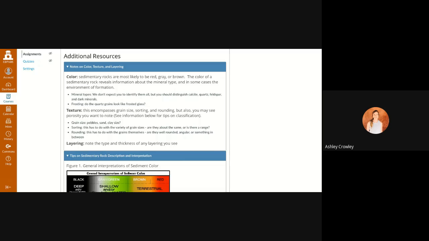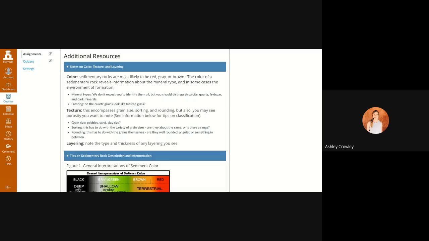So if you have, let's say, a metamorphic rock and it breaks in half, and then it breaks in half again, and it breaks in half again, that is how you form sediments. But if that rock kept traveling, let's say it's getting picked up by wind or taken down a stream or even picked up by a person or an animal, the more it's moved, the smaller that sediment's going to get.